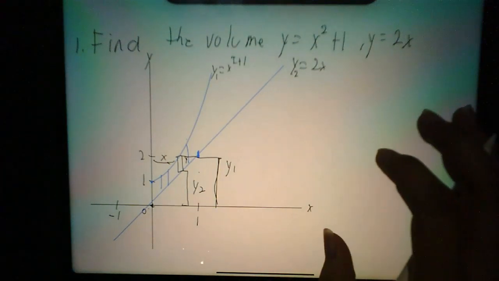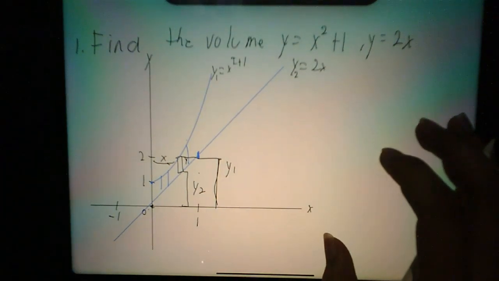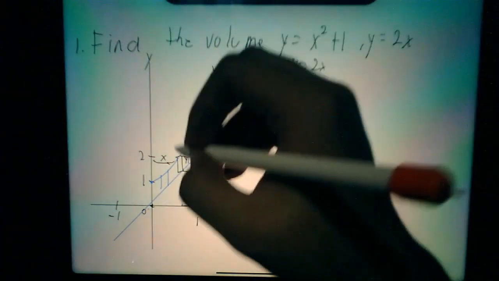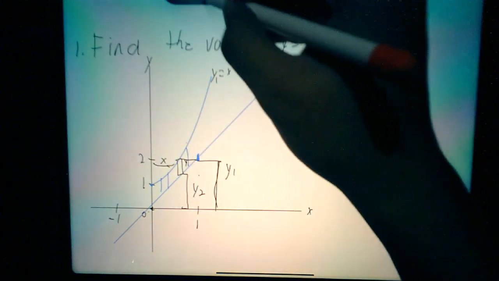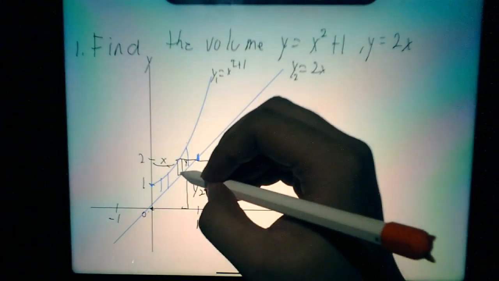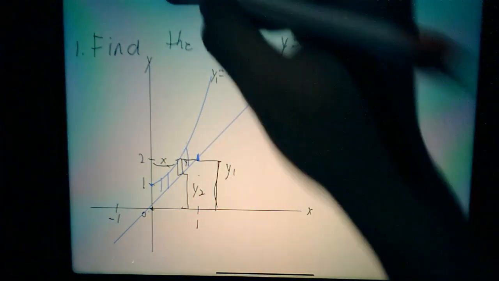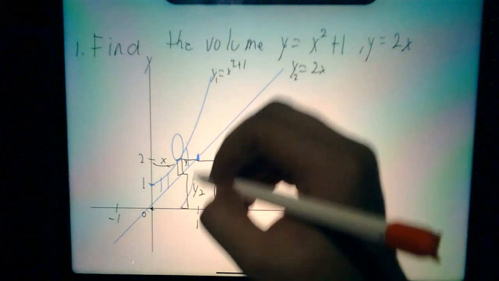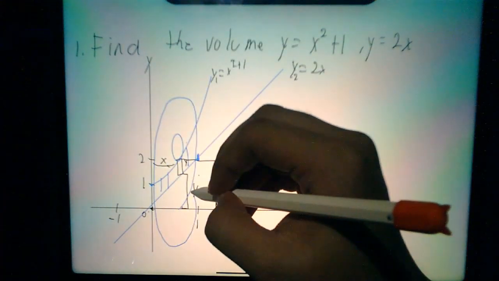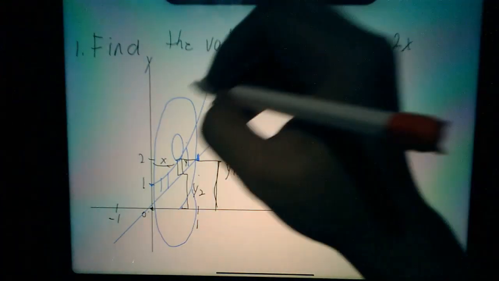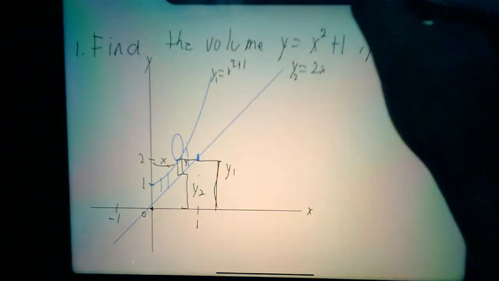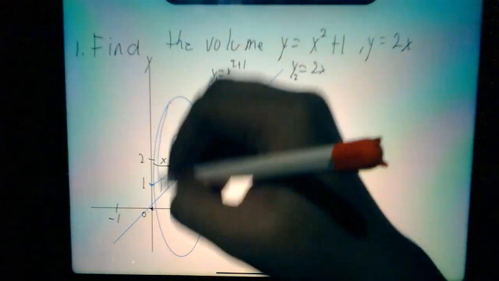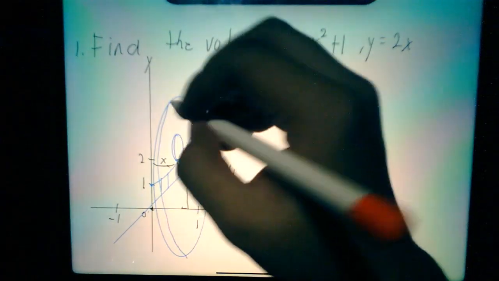Now we have our values here, and we need to create a vertical shape here. This is the washer method.